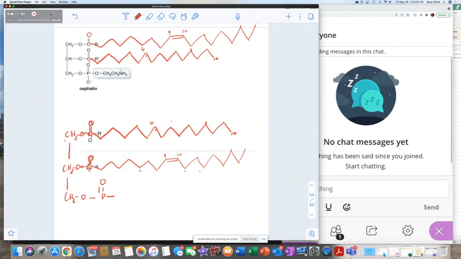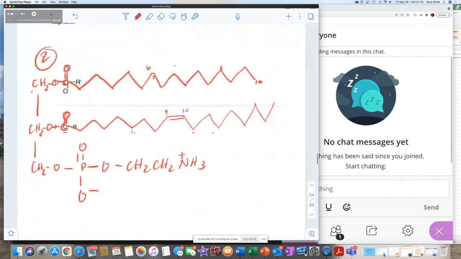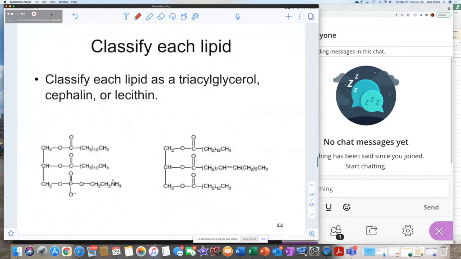Double bond O, O minus, O dash CH2 CH2 NH3. This is positive. Okay, I just flipped this over to get my second structure. This is my second structure. This is my first structure right here. Okay, let's keep going.